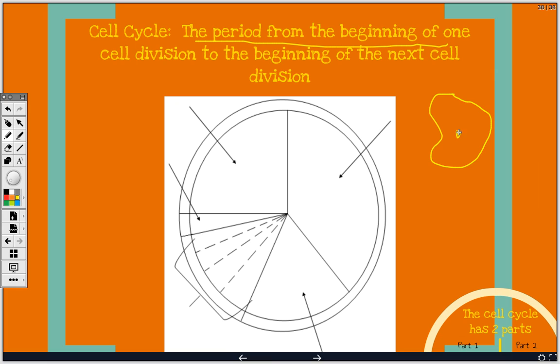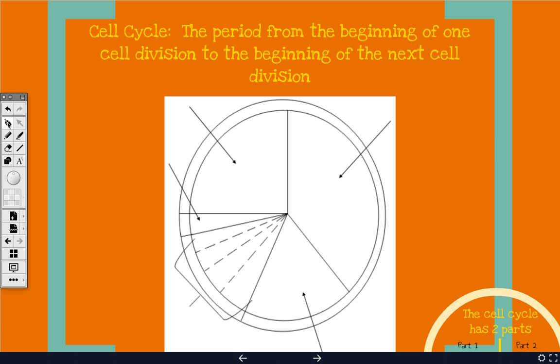They usually have a nucleus in the middle, which is where all of our DNA is. This cell sometimes needs to replicate itself, just like DNA does. So a cell cycle is a life cycle from the beginning of one cell division, this cell dividing in half, to the beginning of the next cell division. This picture is what we're going to label in a second.